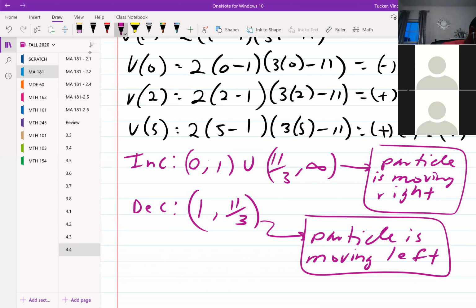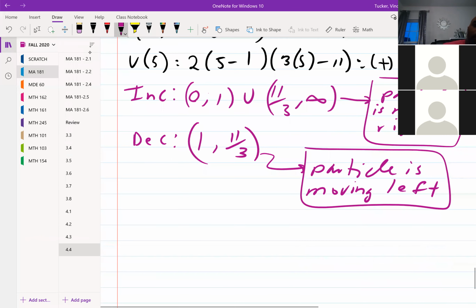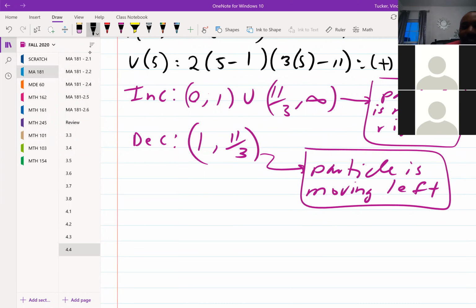All right, any questions? No questions. All right, sounds good. So it's moving right on those intervals, moving left on this interval.